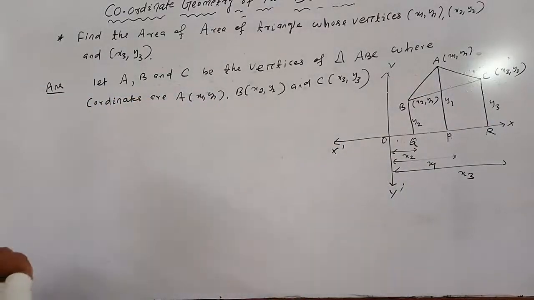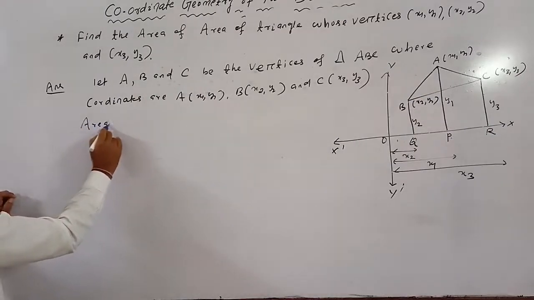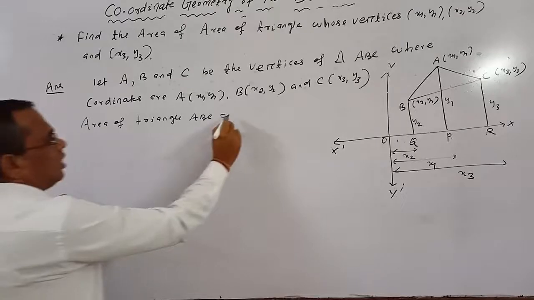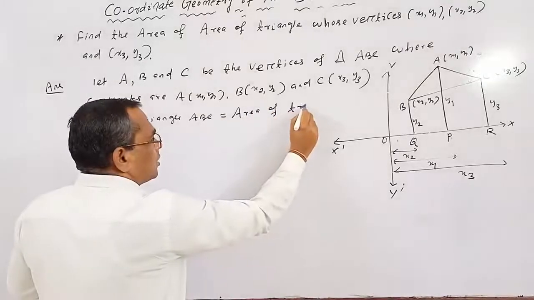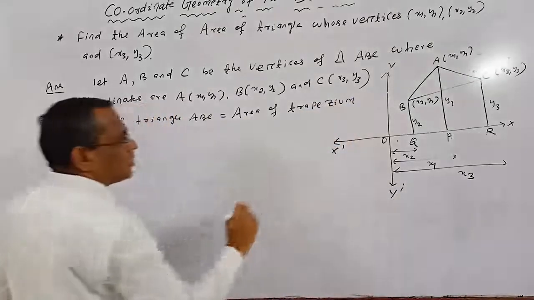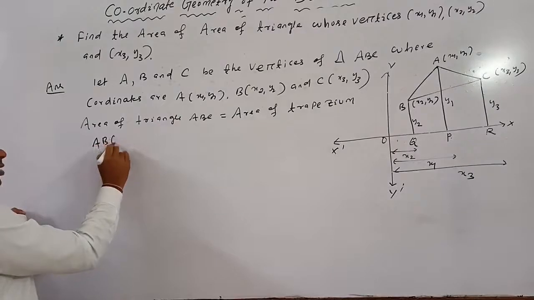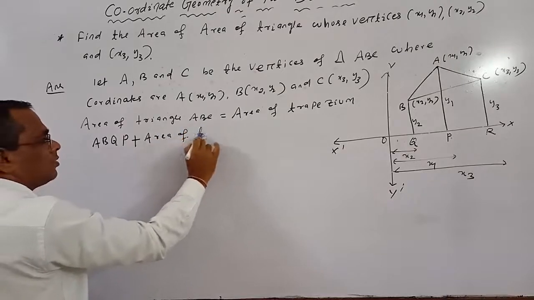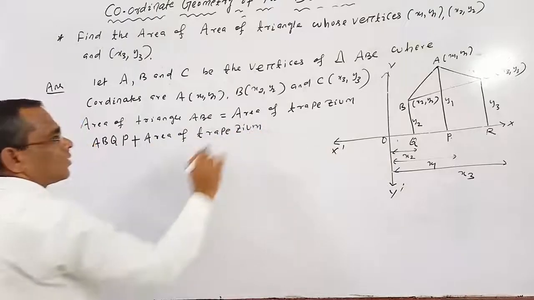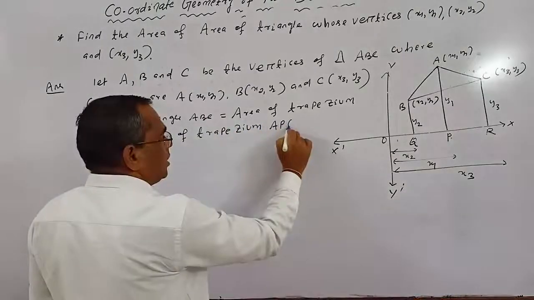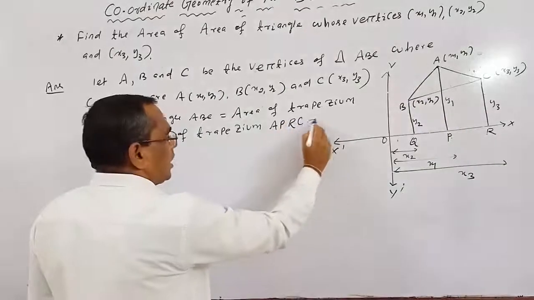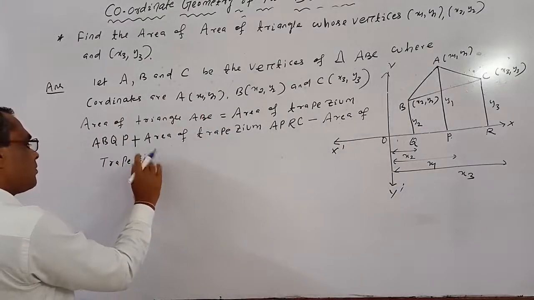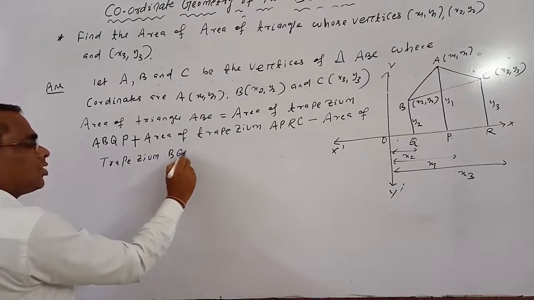Okay, so area of triangle ABC equal to area of trapezium ABQP plus area of trapezium APRC minus area of trapezium BQRC.